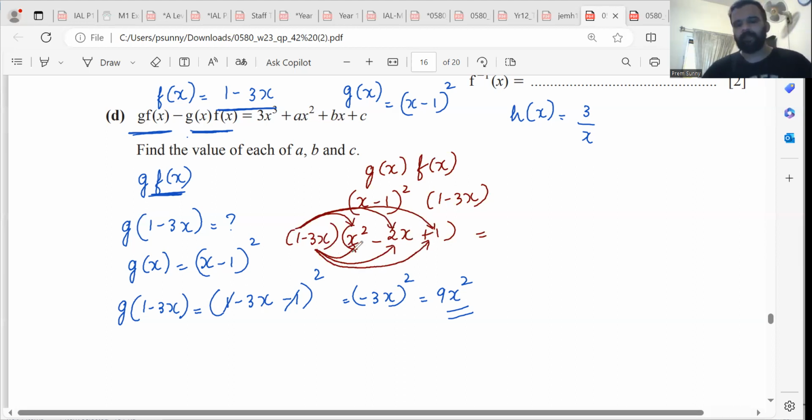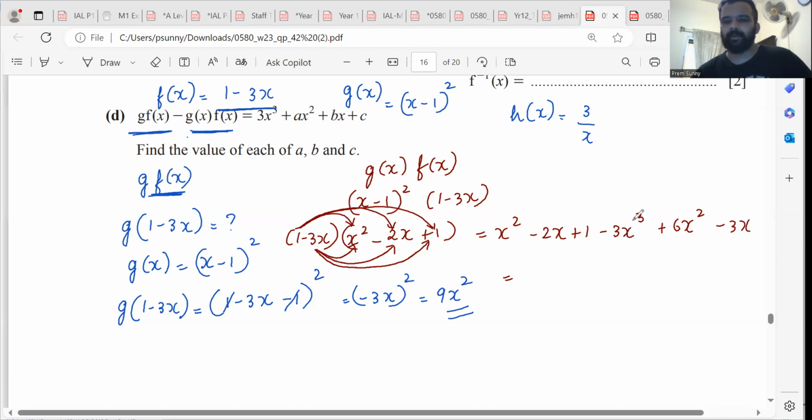This is how we multiply two brackets. 1 multiplied by x square is x square. 1 multiplied by minus 2x is minus 2x. 1 multiplied by 1 is 1. Minus 3x multiplied by x square is minus 3x cube. Minus 3x multiplied by minus 2x, minus into minus is plus 6x square. Minus 3x into 1 is minus 3x.